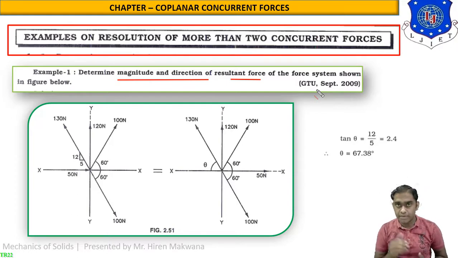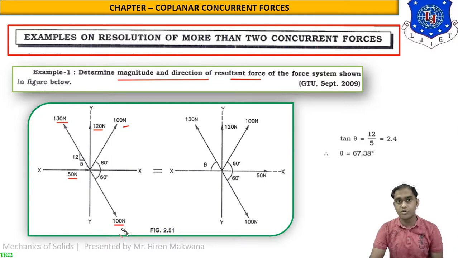Now, remember and listen to me very carefully. There are a number of forces. First force is 100 Newton, second one is 120 Newton, third one is 130 Newton, fourth one is 50 Newton, and the fifth one is 100 Newton. You can check in the figure that out of 5 forces, 4 forces are tensile.